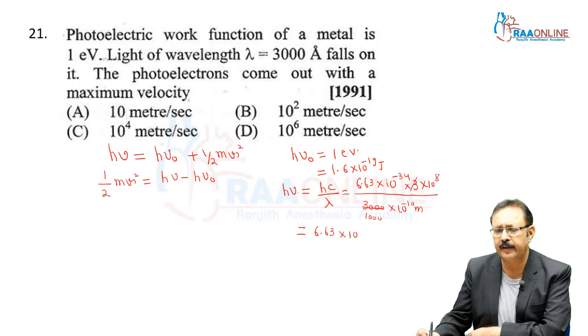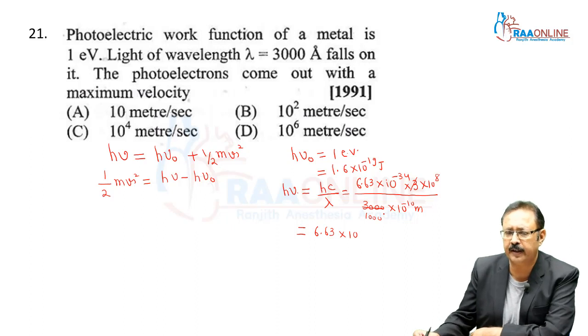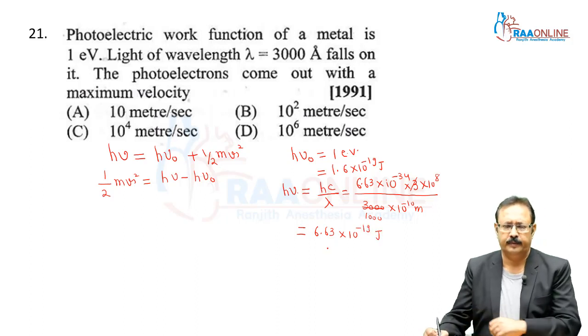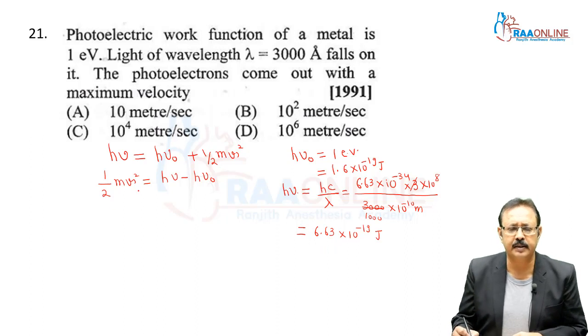It is minus 7 in the denominator; in the numerator it becomes plus 7. 7 and 8 make 15; minus 34 and 15 gives minus 19 joule. So the kinetic energy of the fastest moving electron is 6.63 into 10 to the power minus 19 joule.